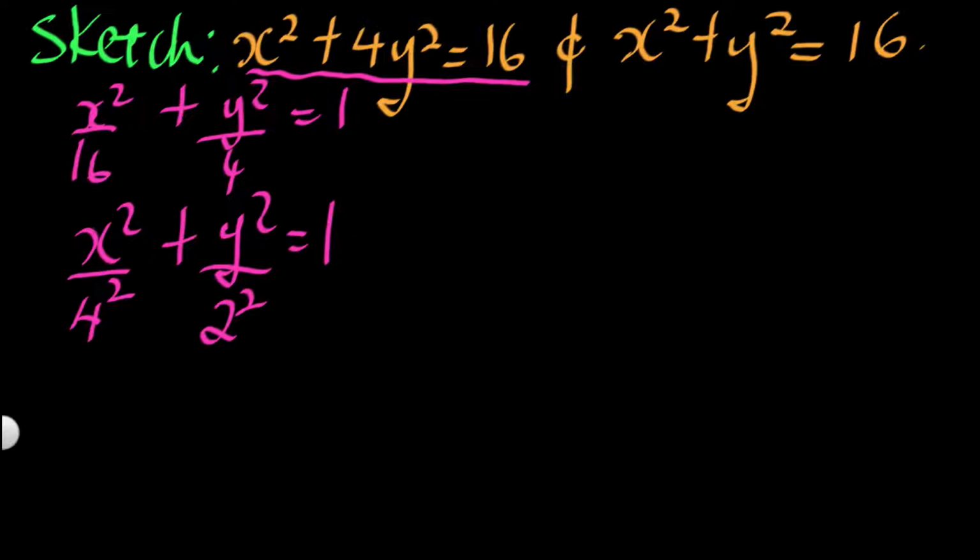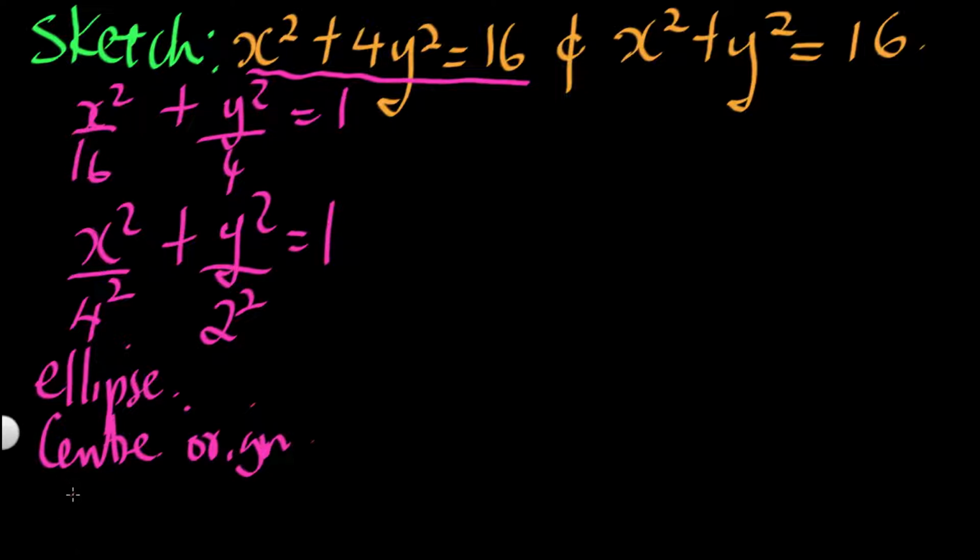This is an ellipse with a major axis having a length of 8. In other words, it's from minus 4 to 4. The center is the origin. It's centered at the origin.